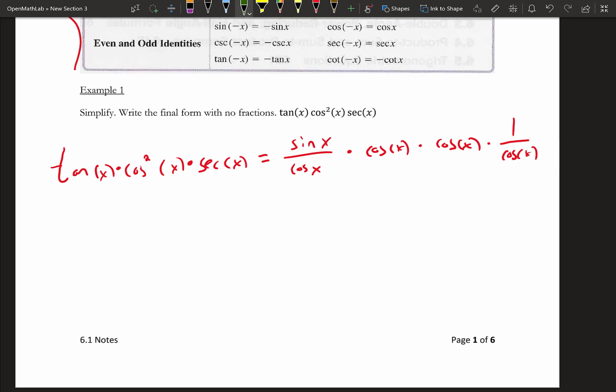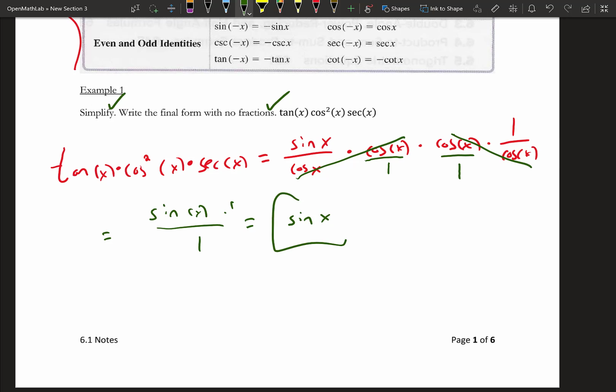If it helps, I can put these over 1. These cosine x will cancel out, and these cosine x will cancel out. What you're left with is sine of x times 1 all over 1, which is simply sine x. So we've met the conditions: we've simplified this, and our final form has no fractions. This is what we are after, just sine x.